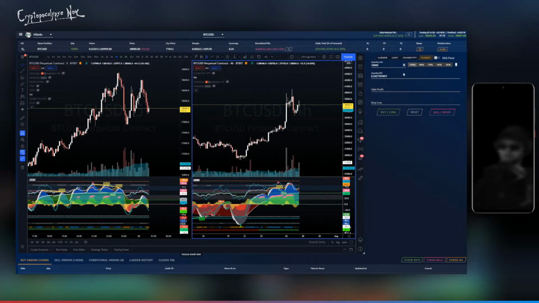So you can automatically set the parameters, like I'm going to say plus 30 points, and that's going to give you a price target. Take profit, where you want to close the trade. Stop loss, same thing.